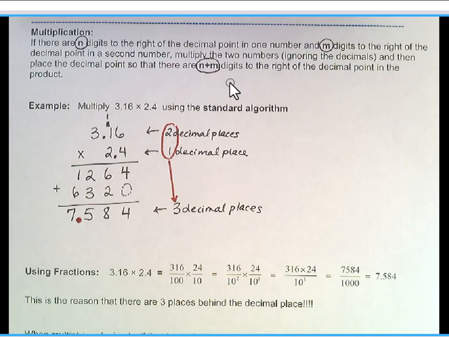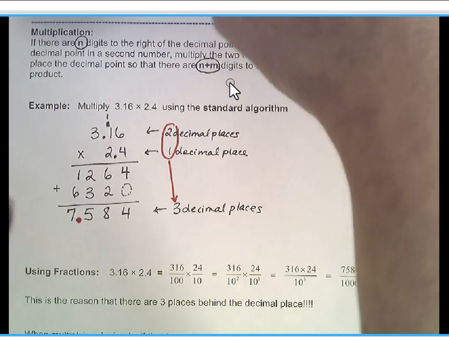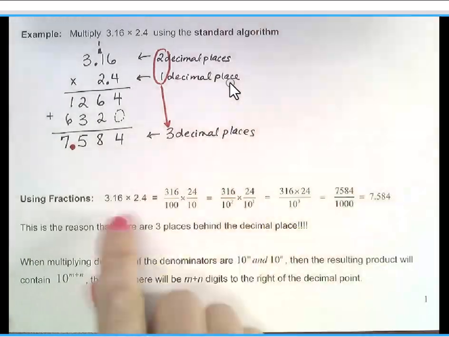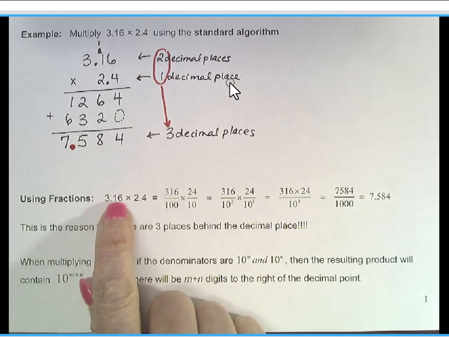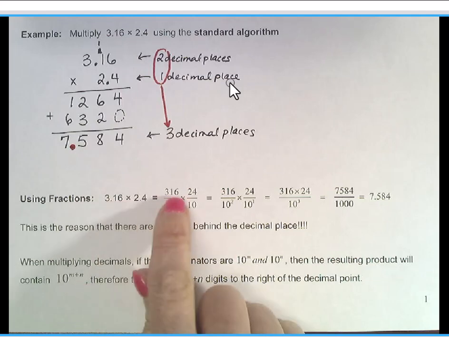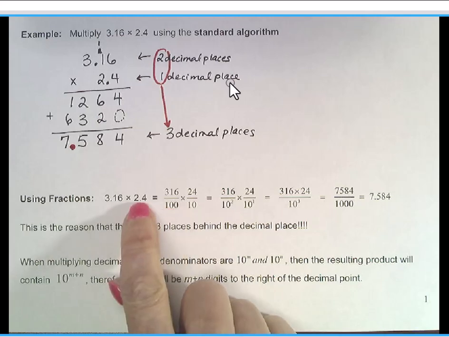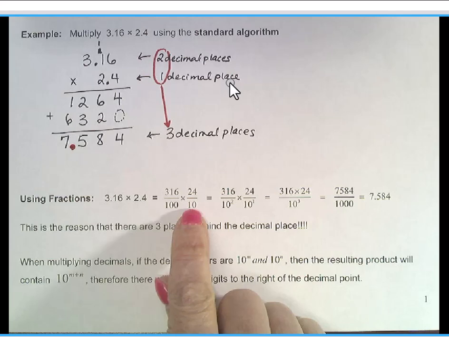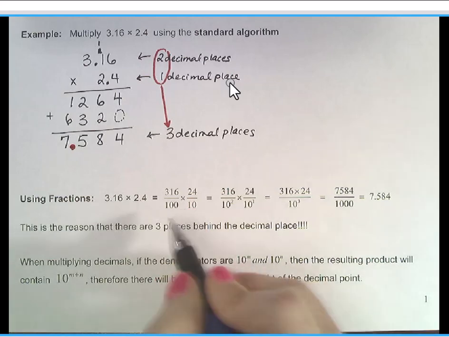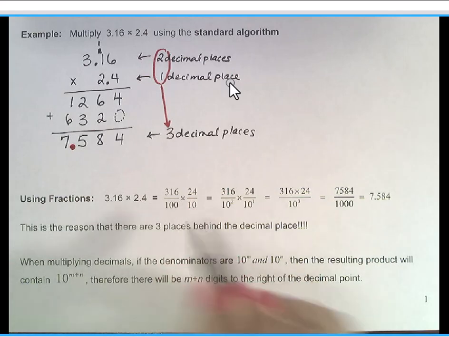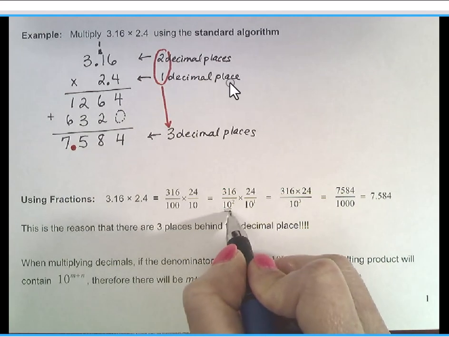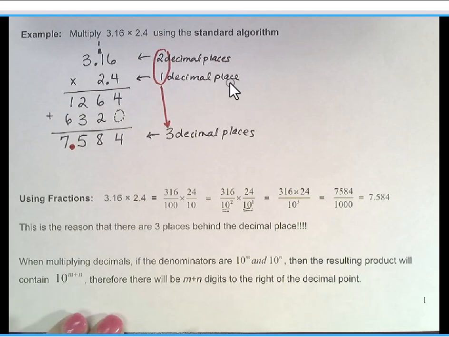Now let's look at an explanation as to why it works with fractions. 3.16 ends in the hundredths place, so that's 316 over 100. 2.4 ends in the tenths place, so that's 24 over 10. In exponent form, that's 10 squared and 10 to the first.